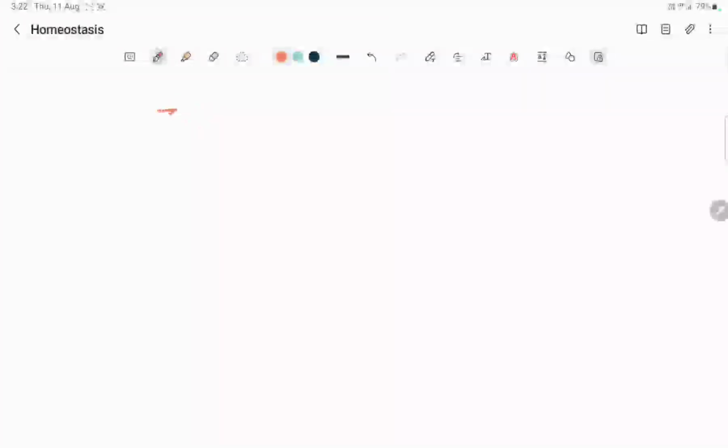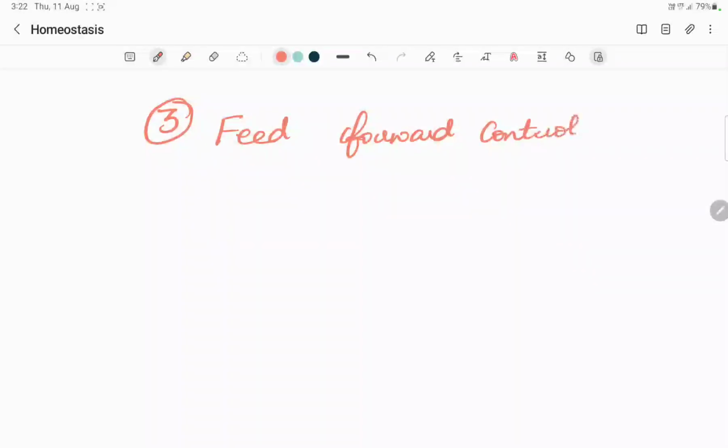The third one, feed forward control. Okay, feed forward control. The main difference between the other two control systems and the feed forward control is an absence of stimulus.